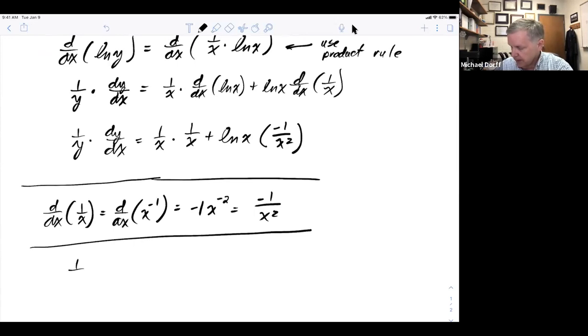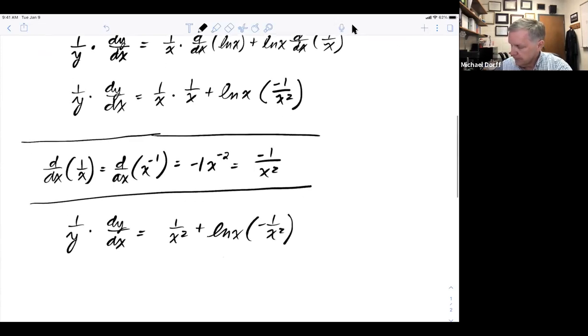So now I'm going to go ahead and rewrite what I have on the left side. And on the right side, now I have 1 over x squared plus, well, let's see, natural log of x times negative 1 over x squared. Okay, so from there, I notice that on the right side, I have a 1 over x squared on both terms.